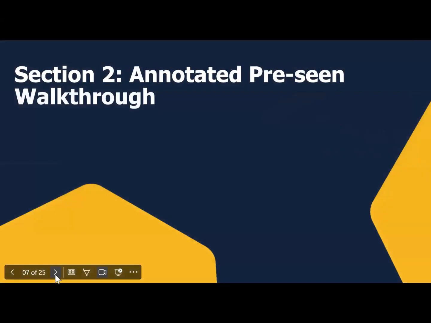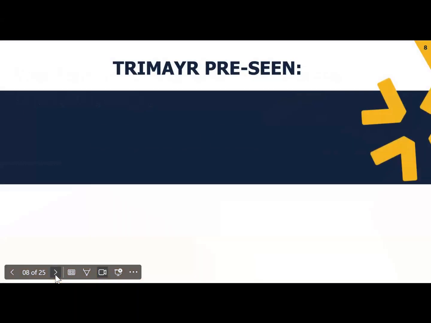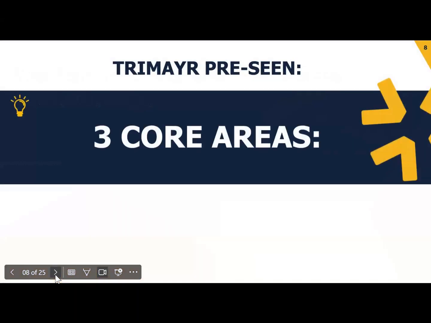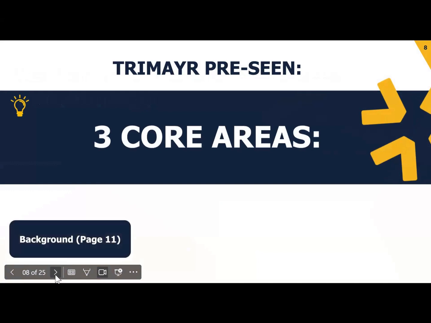Now, outside of that, when we think about the pre-scene document, I'm going to switch with you today to the actual PDF. And as I've said, 3 main areas. Number 1, the background, page 11. If you have the pre-scene to hand, a hard copy, that may help, but not necessarily required. I'll show it to you on screen.